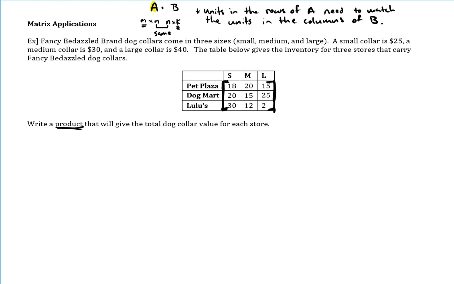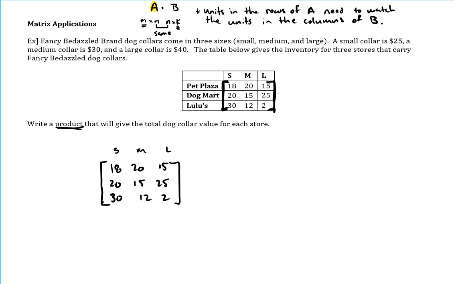So first thing I'm going to do, and let's not write it too far to the left, let's put it kind of right here. And I am just going to fill in those numbers. So 18, 20, 15, 20, 15, 25, 30, 12, 2. And on this same thing, I still am going to mark it: small, medium, large.